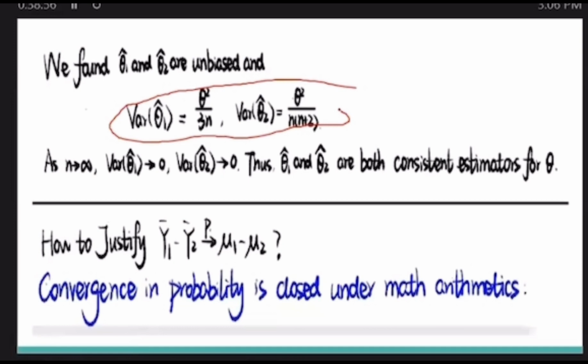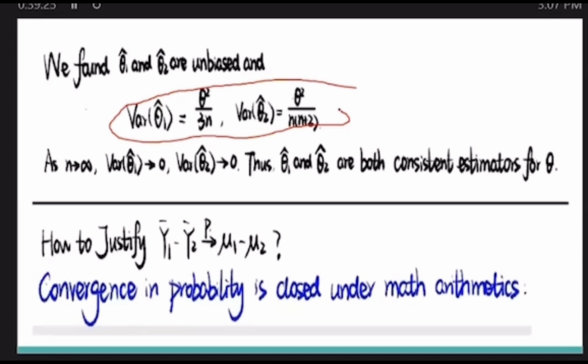You know what I'm going to do? I will set n to infinity. When I send n to infinity in both, where is n? It's in the denominator, right? The two of them will tend to zero. Do you see that? Because each of the variances tends to zero when n is large, I'm going to say theta cap 1 and theta cap 2 are both consistent estimators.